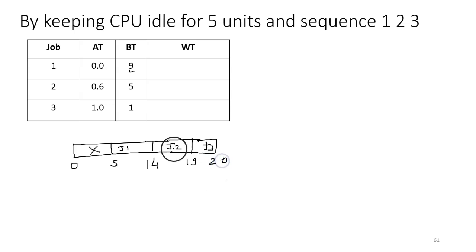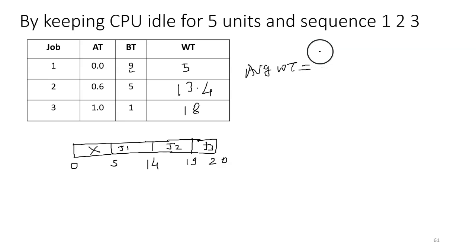Total time is 20. So waiting time for job 1 is 5 because job 1 arrived at 0 and got CPU at 5. Job 2 arrived at 0.6 and got CPU at 14. So waiting time is 13.4. Then job 3 arrived at 1 and got CPU at 19. Waiting time is 18.